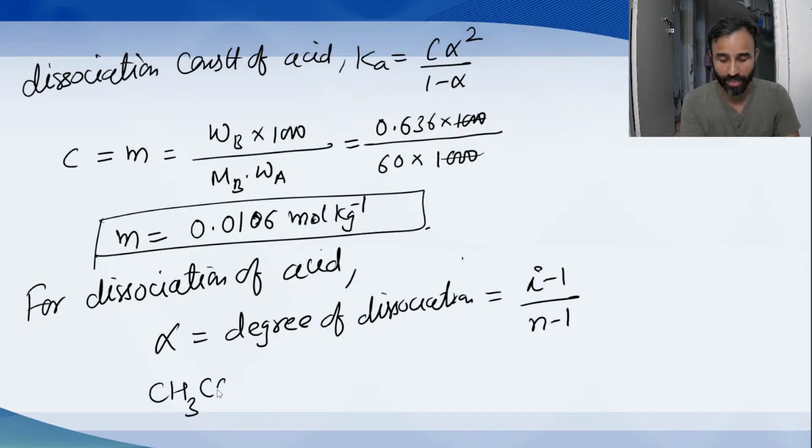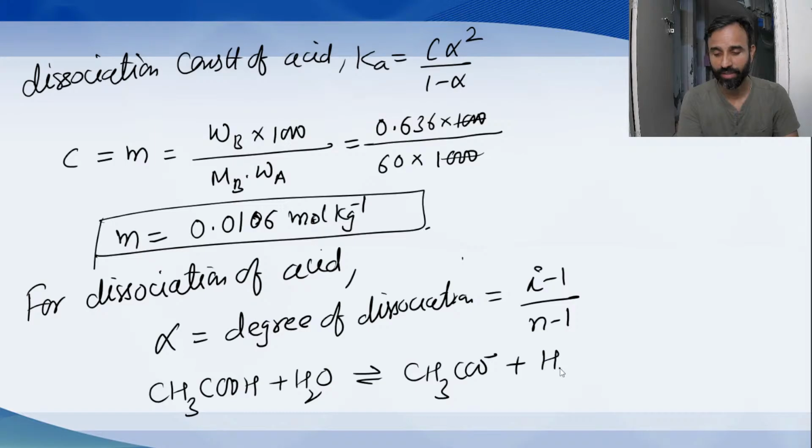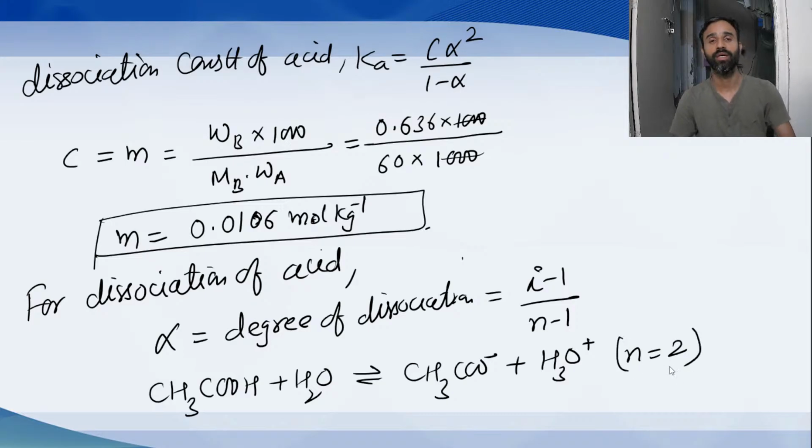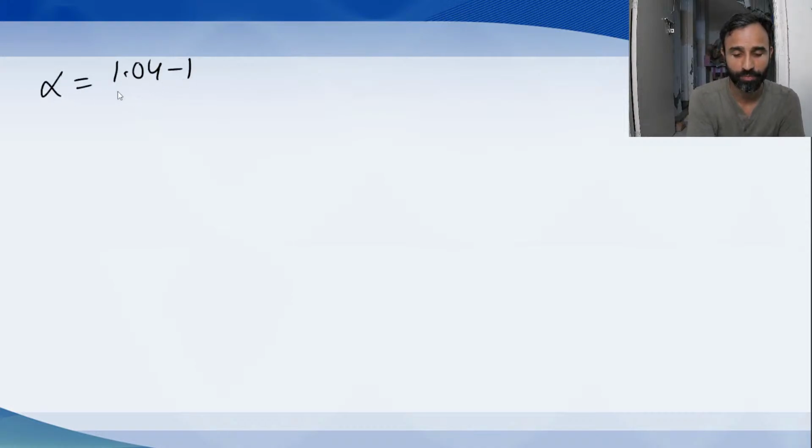Actually acetic acid, when it dissociates in water, forms acetate ion and hydronium ion. That means n for this is 2. n is how many ions, how many particles it will give on dissociation.